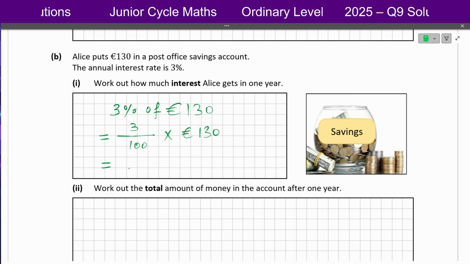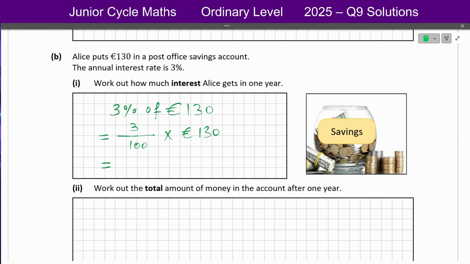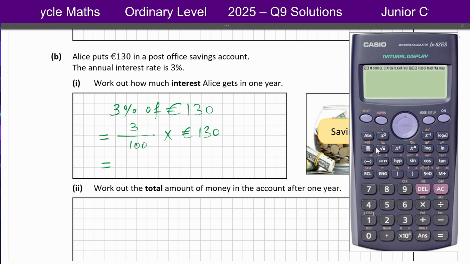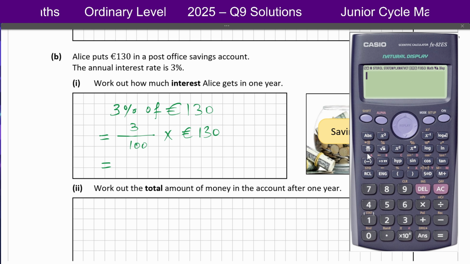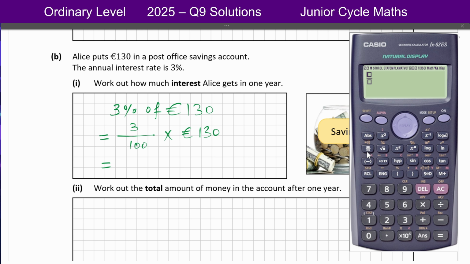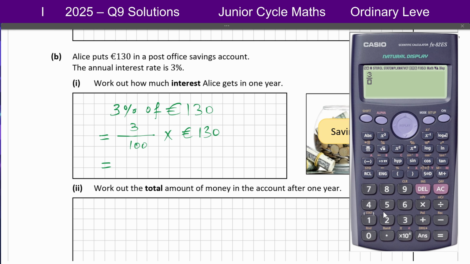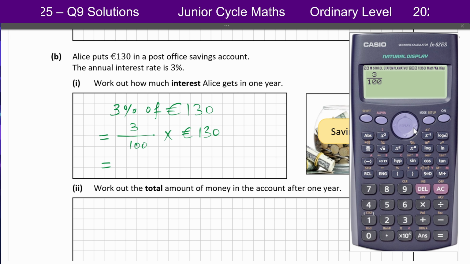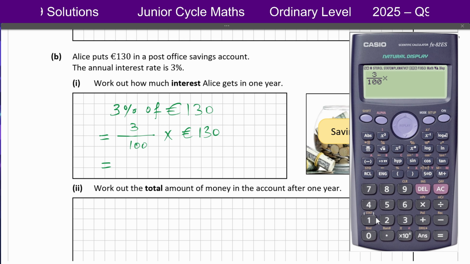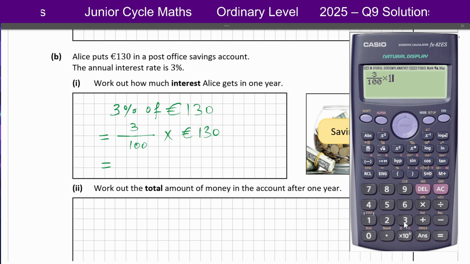So let's bring up the calculator. We start by using the fraction button, then put the 3 and the down arrow, then 100, then the right arrow, times 130.